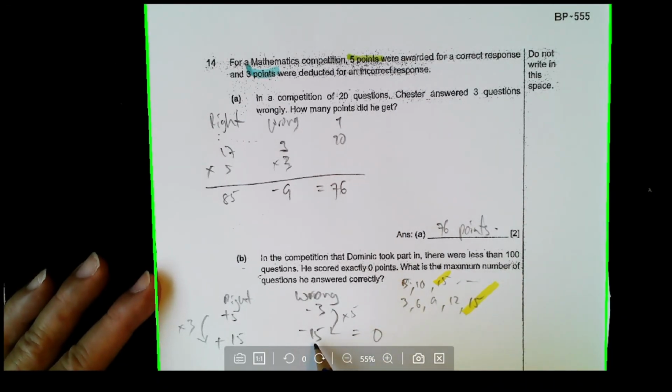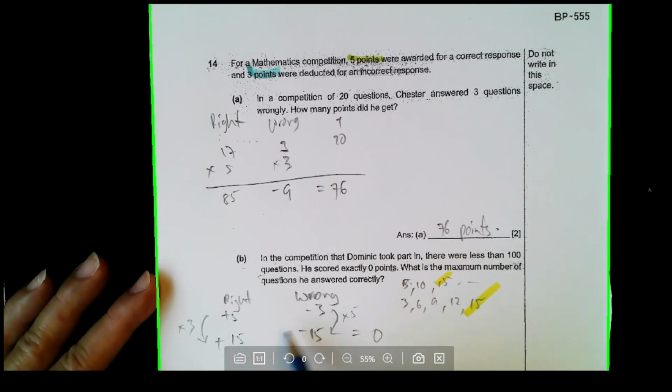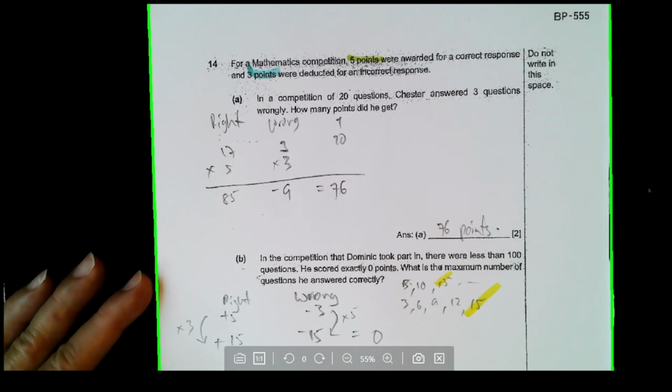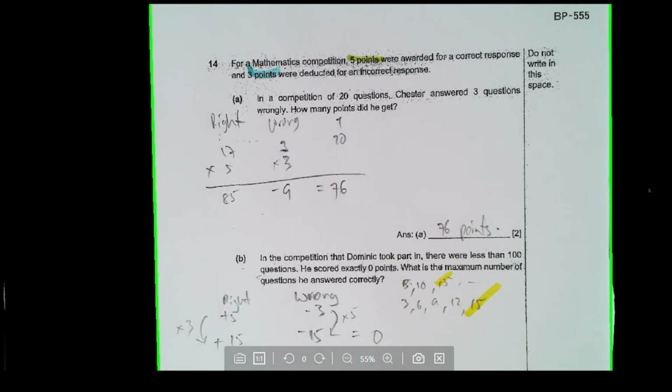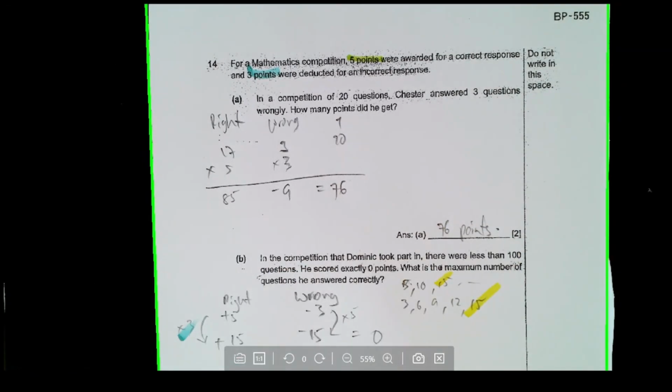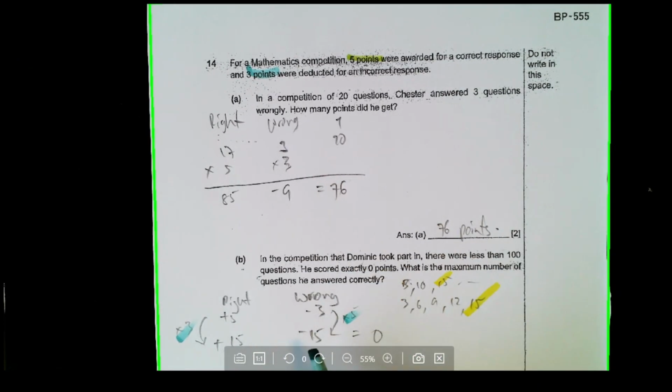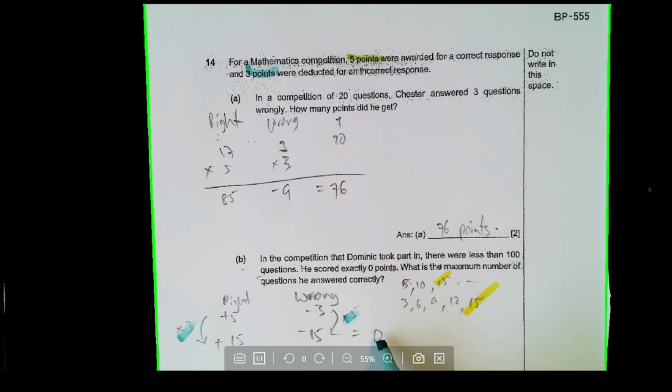Then you get minus 15 points. Right? Follow me? Each wrong question is minus 3 points. So when you answer 5 wrong questions, you get minus 15 points. So when that happens, you answer 3 right, 5 wrong, you get plus 15, minus 15, cancel, you get 0.